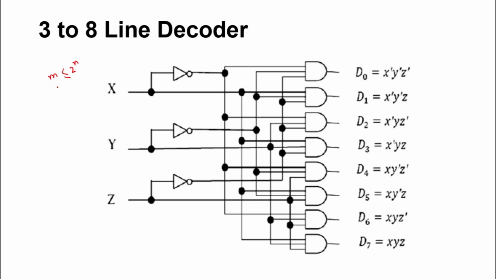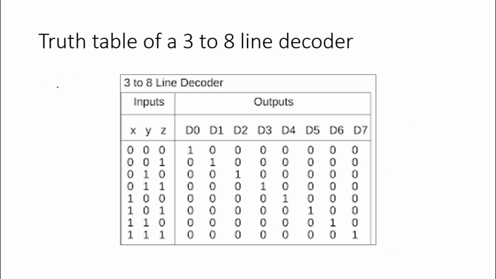This table shows the inputs and outputs of the 3 to 8 line decoder. X, Y, Z are the inputs, and D0, D1, D2, D3, D4, D5, D6, D7 are the outputs. If you observe the truth table, you can find that the output variables are mutually exclusive because only one output can be equal to 1 at any one time.